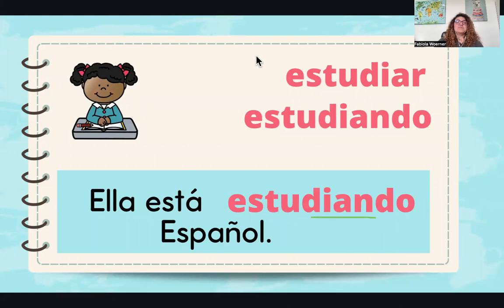There are some syllables in español that have more than 2 or 3 letters. Like this one right here. We have 4 letras, 4 letters to make this syllable. So that's dian. Estudiando.